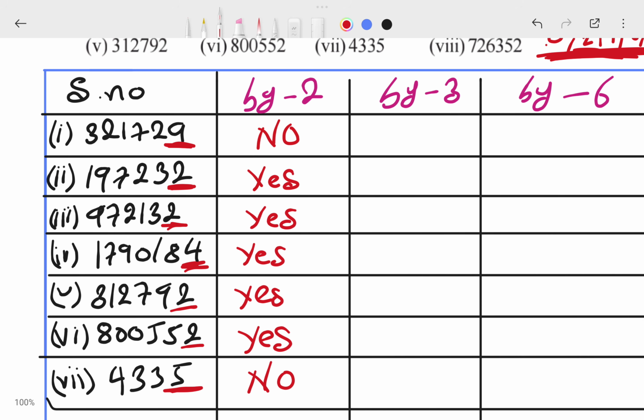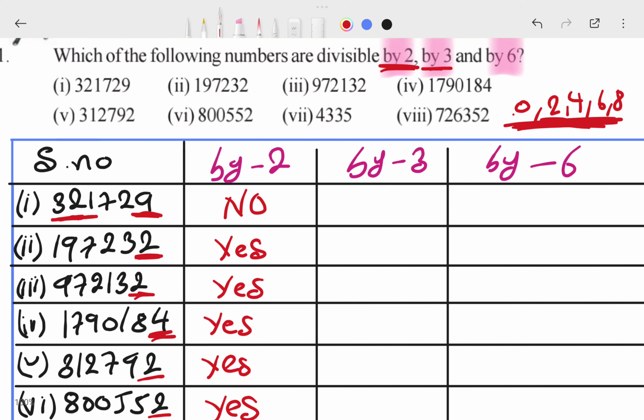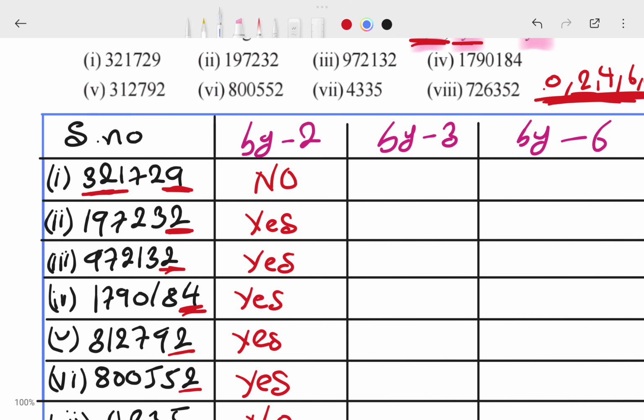Right, so here you just have to add these numbers. 3 plus 2, that is 5, 5 plus 1, that is 6. I will add here only. Now add 3 plus 2 plus 1 plus 7 plus 2 and plus 9.